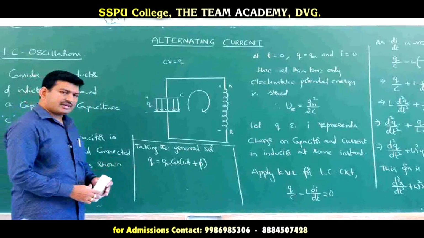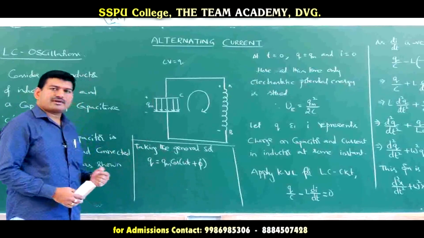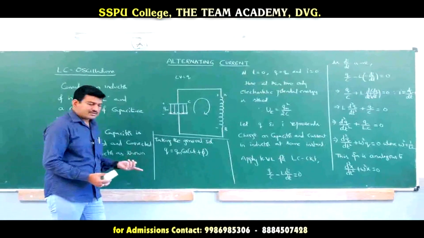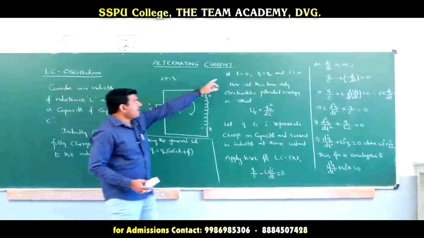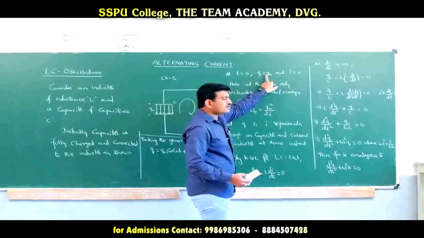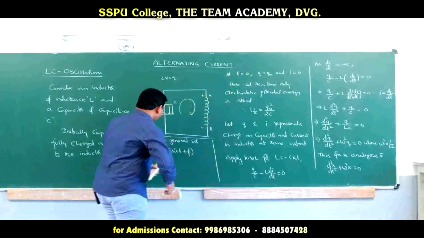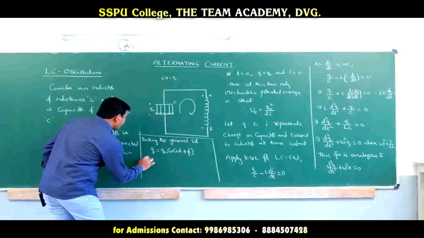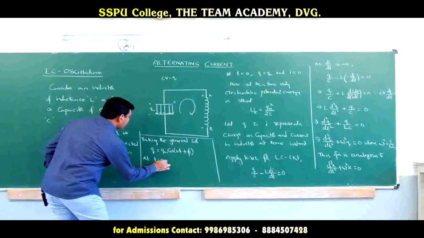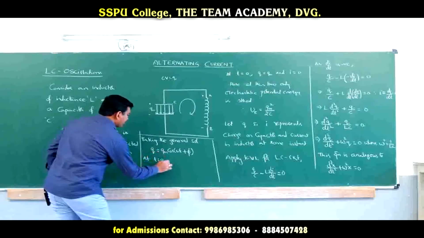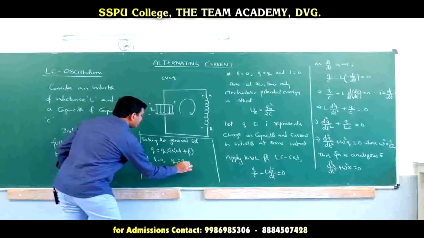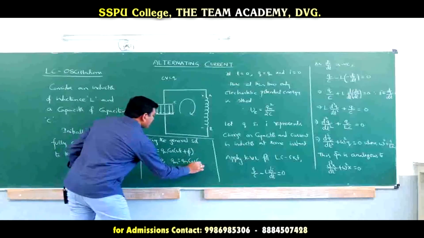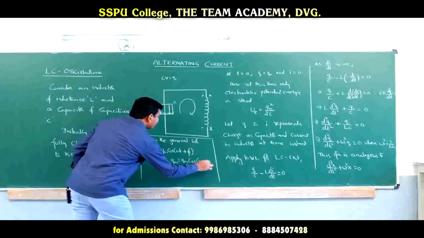If I take this into consideration, at t is equal to 0, what is the charge? At t is equal to 0, I know that charge is equal to qm, because at the initial time I have taken the charge in the capacitor equal to qm, because it is fully charged. Therefore, qm is equal to qm into cos omega into 0 plus phi.